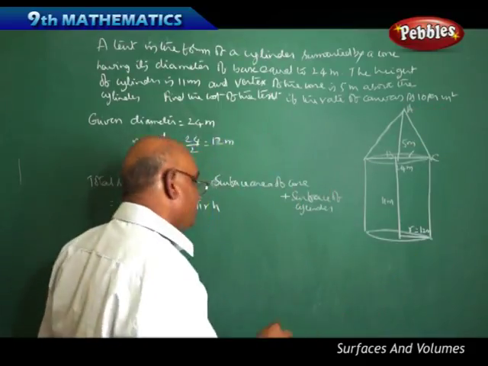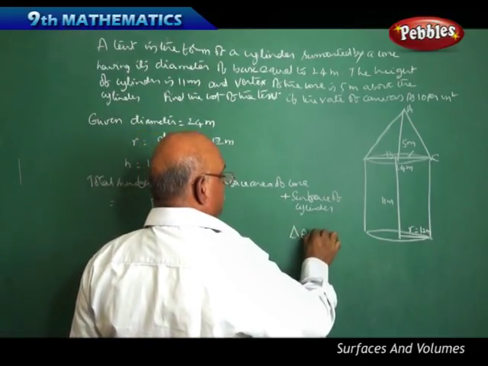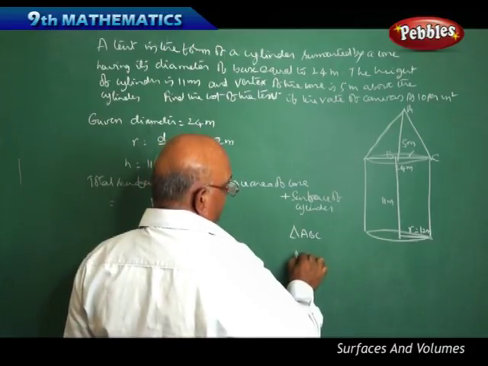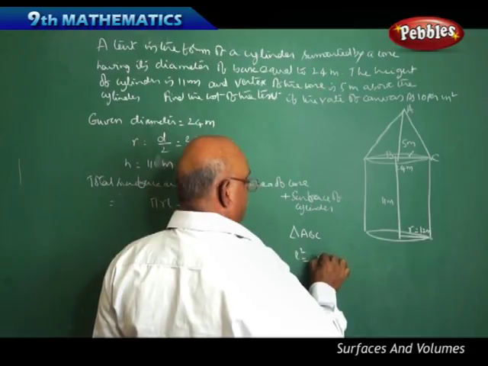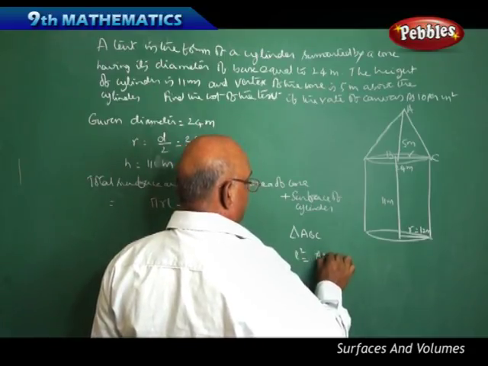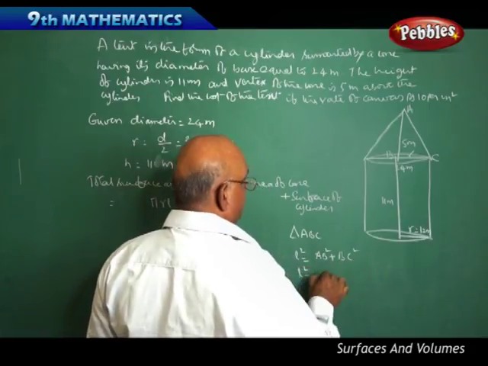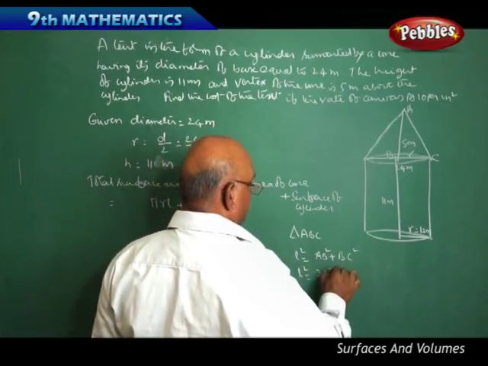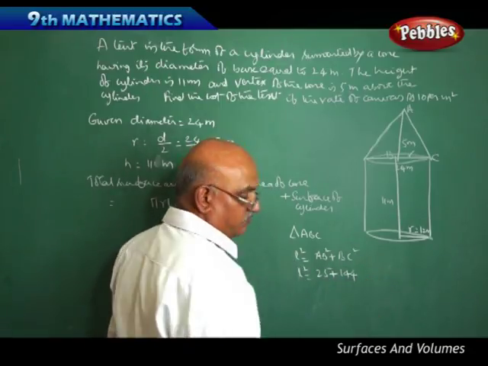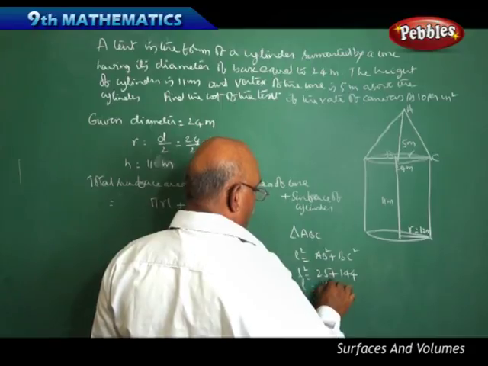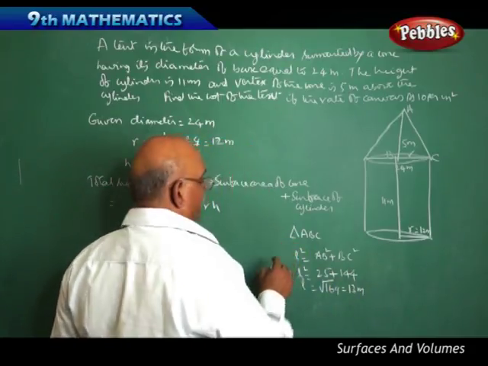From triangle ABC, L square is equal to AB square plus BC square. Therefore L square is equal to 25 plus 144, that is 12 square. Therefore L is equal to root of 169, that is equal to 13 meters. Therefore we got L.